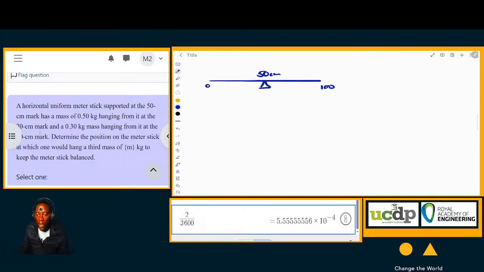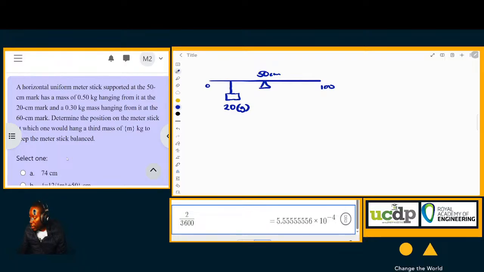There's a mass of 0.5 kg hanging from it at the 20 centimeter mark, and a 0.3 kg mass hanging from it at the 60 centimeter mark, 10 centimeters away from the pivot. So the weights are 0.5 times g and 0.3 times g. I've put the weights there for the force.